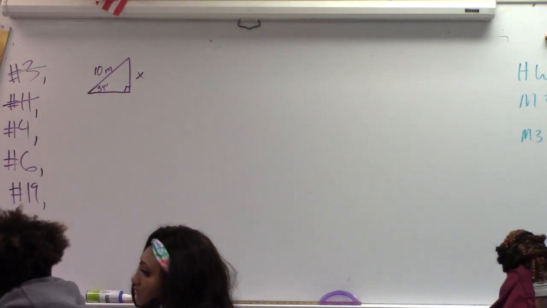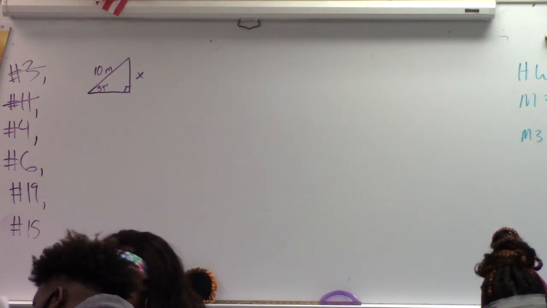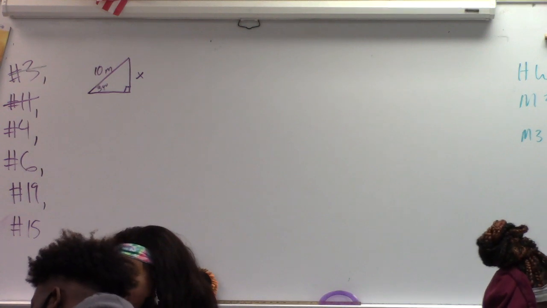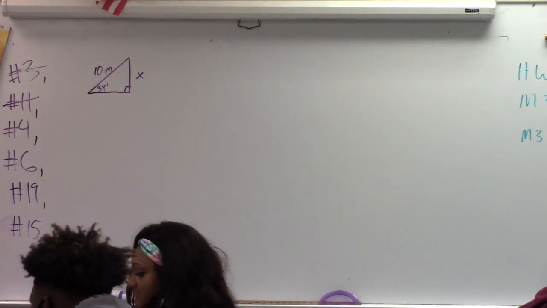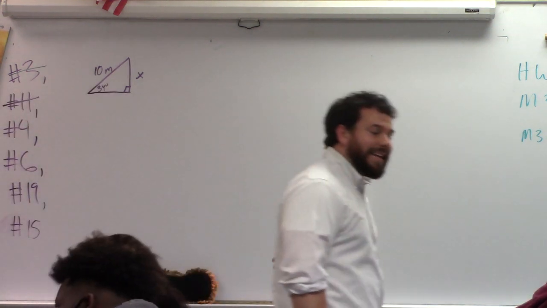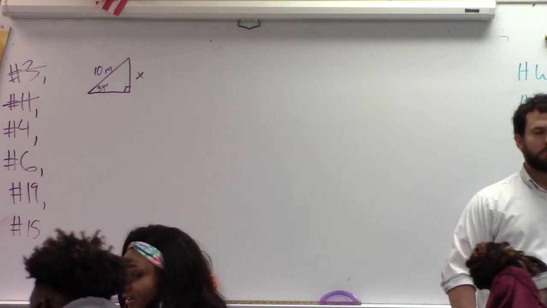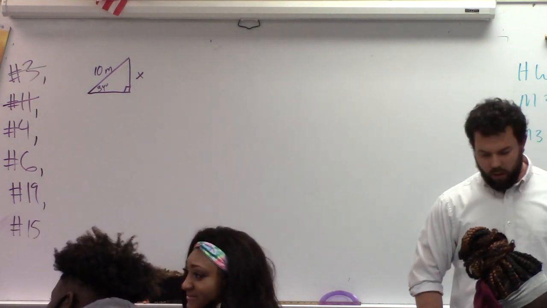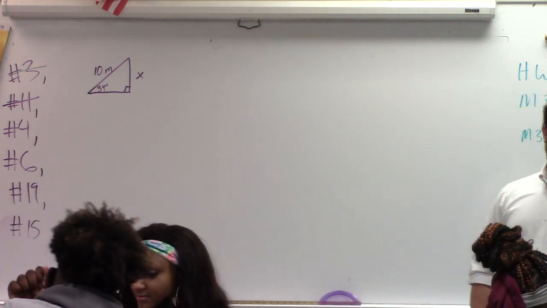Now, I do want to quickly remind you, can we use trig ratios if the triangle is not a right triangle? You can. Why is that? One of the things is you need a hypotenuse, yes, but go back to the original thing.